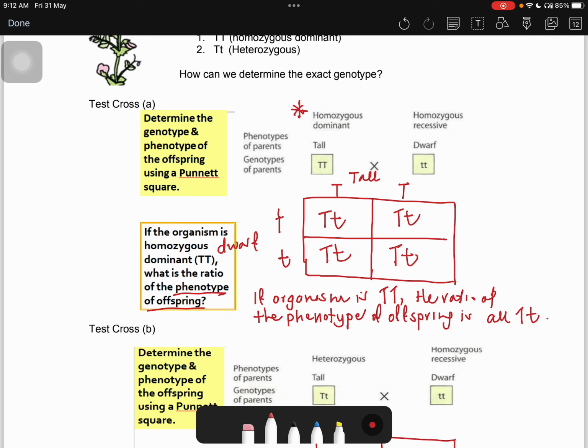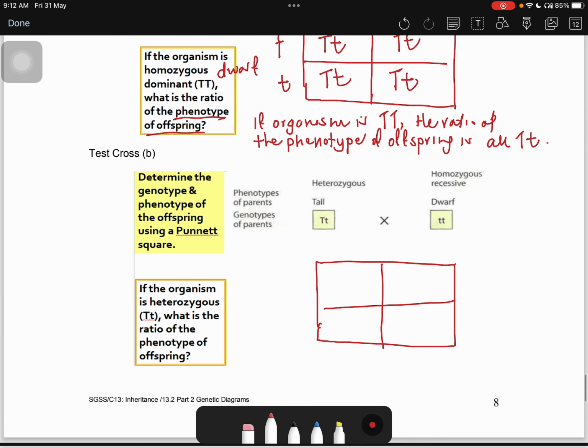So if all the offsprings are tall, after crossing them together, you will still get all tall offspring. Likewise, if the plant genotype is heterozygous, one big T, one small t, this is what we will get. You can see the different combinations here: big T small t, small t small t, big T small t, small t small t.